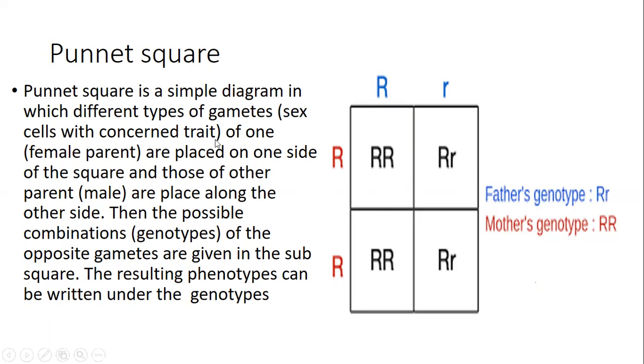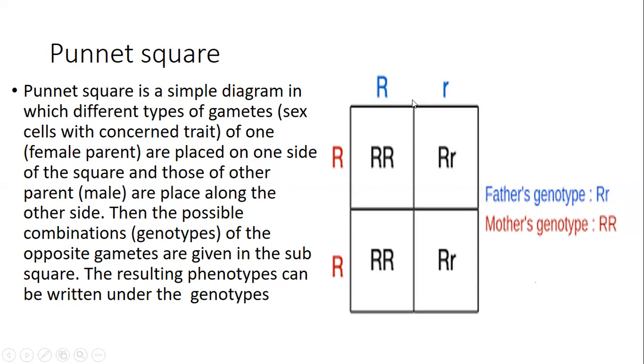Now we can show this using a Punnett square. The diagram we see here is a Punnett square. A Punnett square is a simple diagram in which the different types of gametes of one parent are placed on one side of the square, and those of the other parent are placed on the other side.